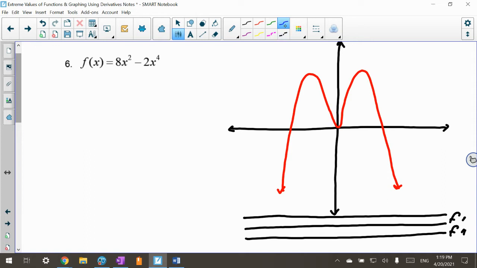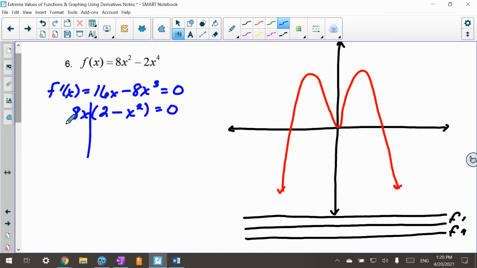So the first thing I'm going to do is take my function and do the first derivative, and when I do, I get 16x minus 8x cubed. I put that equal to 0, because when the slope is 0, those are the maxes and mins of our graph. Then I'm going to factor out an 8x out of those terms, and when I do, I get 2 minus x squared equals 0.